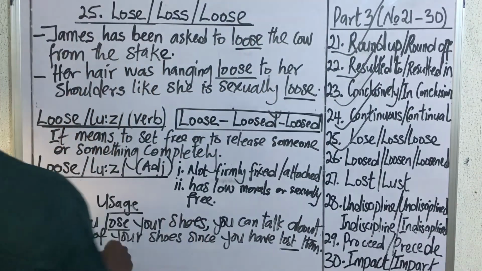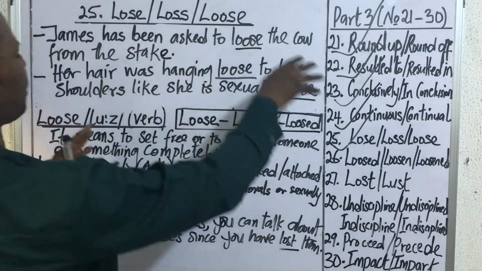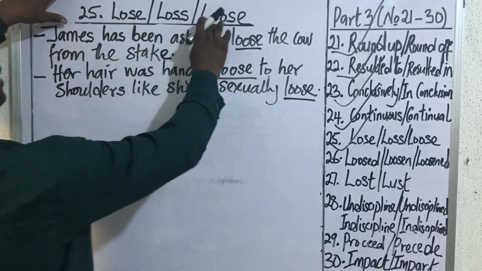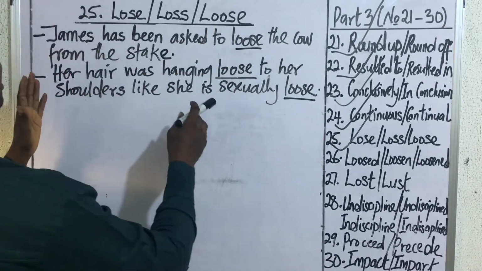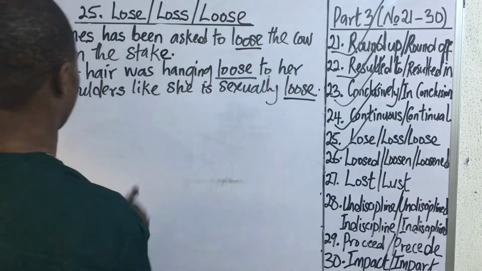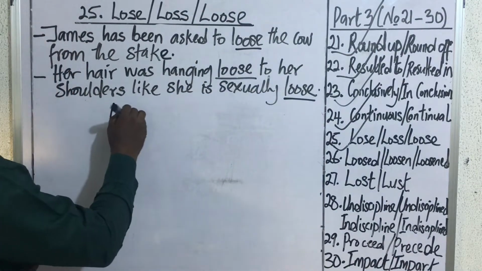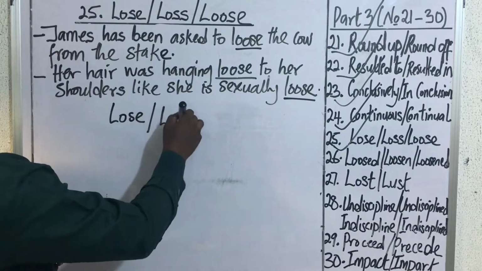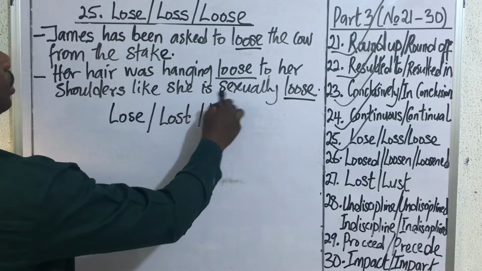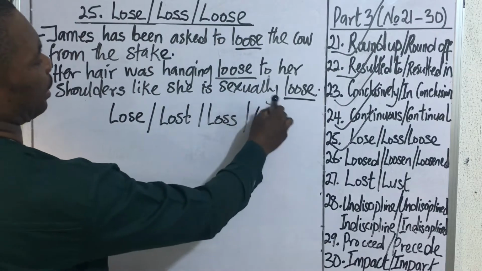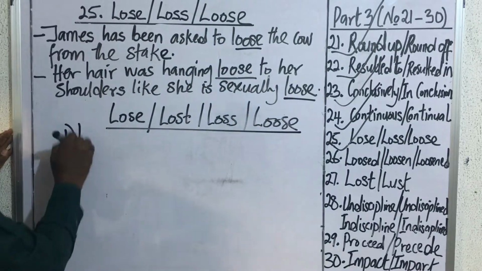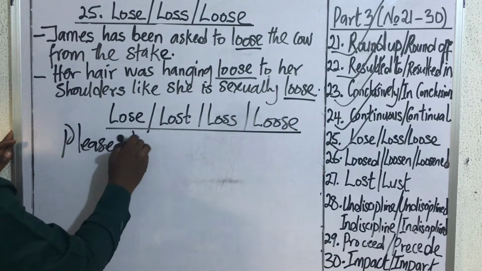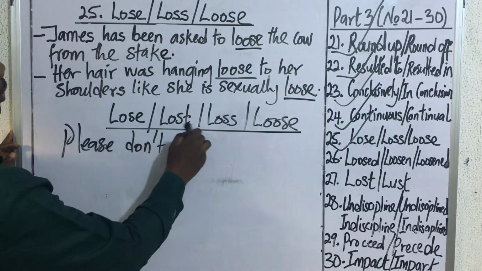Now, let's see the occurrence of these words in past questions. Before we go to past questions, let's look at the mistakes that people make with these words. Talking about words like lose, words like lost, words like loss.